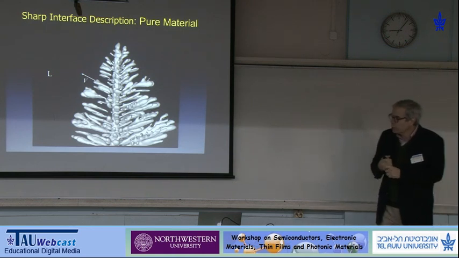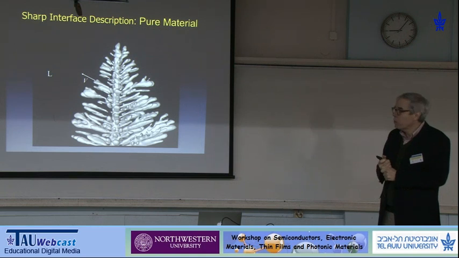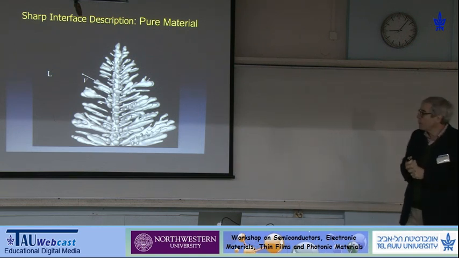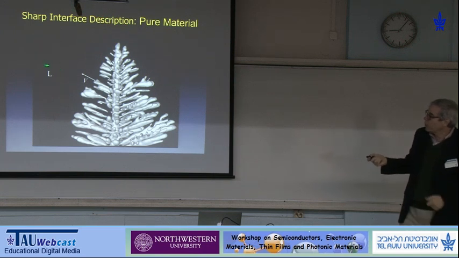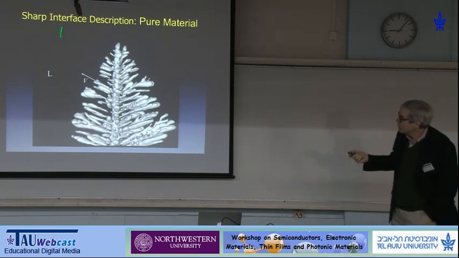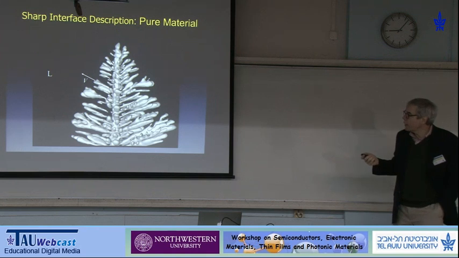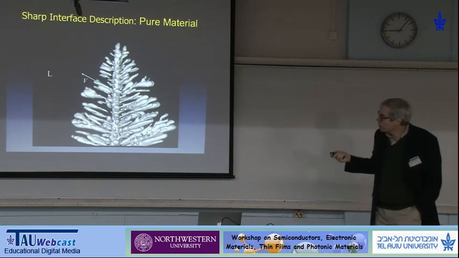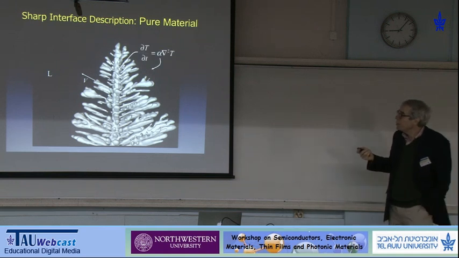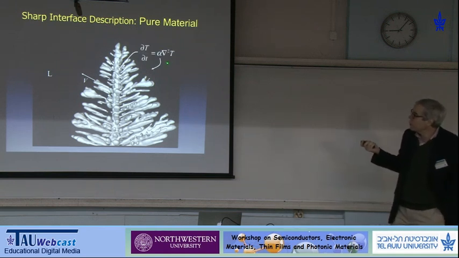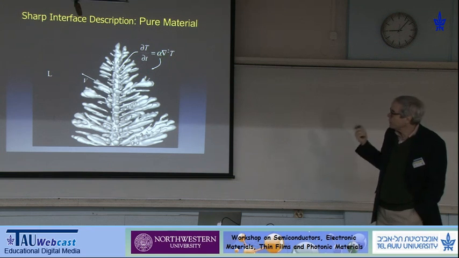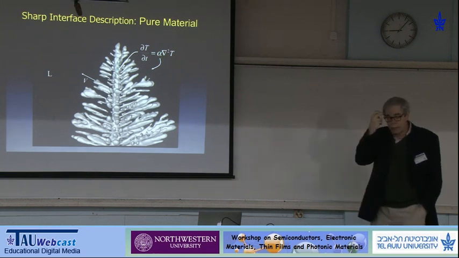effort. And so to try to fix ideas, let me show you the challenges that we faced before phase field methods were around. And this is a picture of a dendrite that's growing into a liquid. And if you wanted to describe the evolution of this dendrite, in other words, predict what the local normal velocity is at that point, what you need to do is to solve a diffusion equation, classical diffusion, where alpha is the thermal diffusivity, in both the solid and the liquid, which is not so bad.